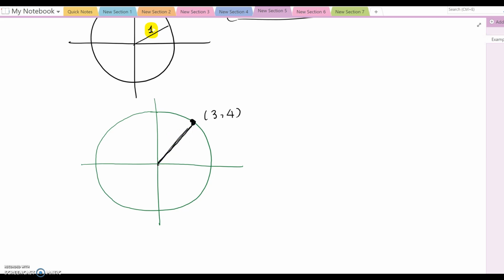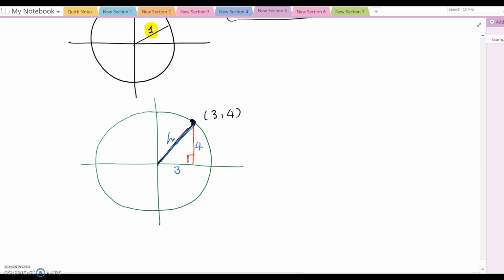Yes, we draw the right triangle here. Then now based on this, we can define this length equal to 3 and this length equal to 4. So using the Pythagorean theorem, we can find this length. So I'm going to put h here.